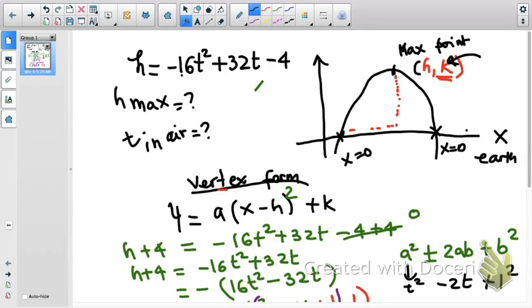So now that we've done that, the second step is just to find these critical points here. As I've told you, these points here are also the roots of the equation.